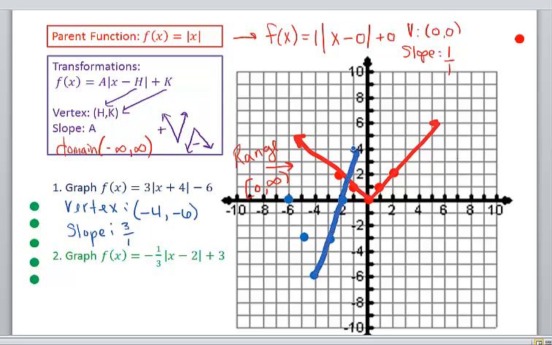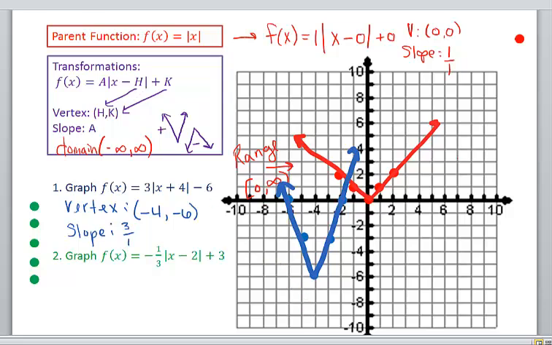And my V-shaped graph here is going to be stretched and a lot more narrow. Okay, it's more narrow because I have a slope of 3 this time instead of a slope of 1. So I'm increasing at a quicker rate. So my V is steeper. It's still opening up because my A value, or this value here, was positive.